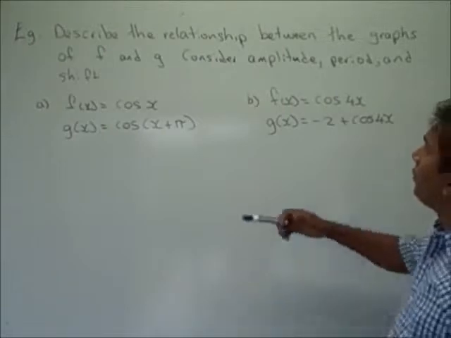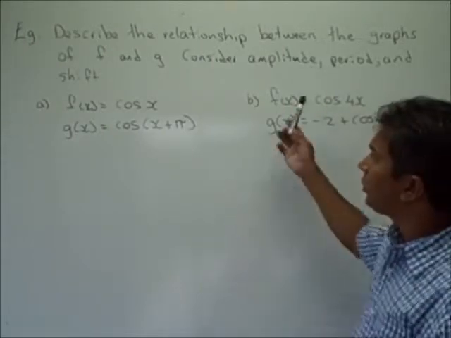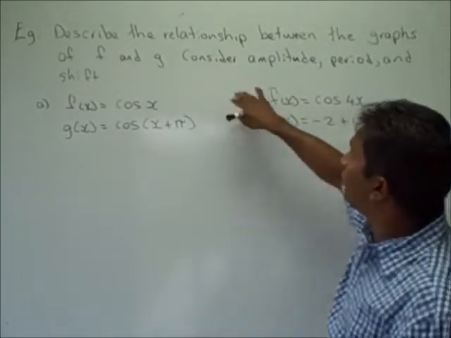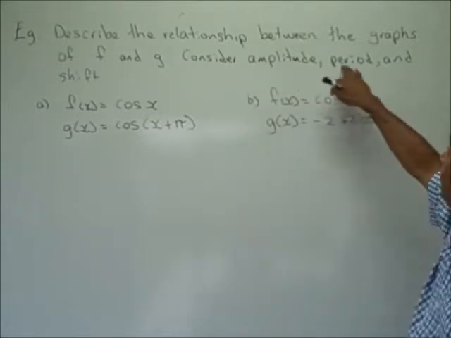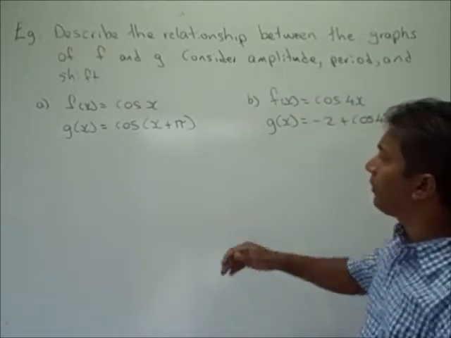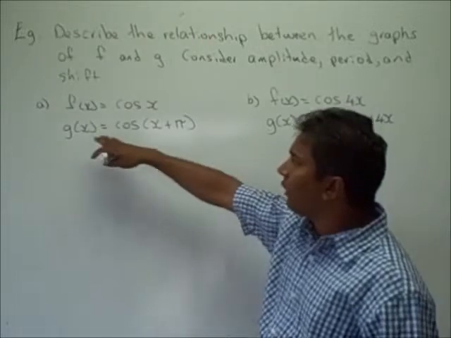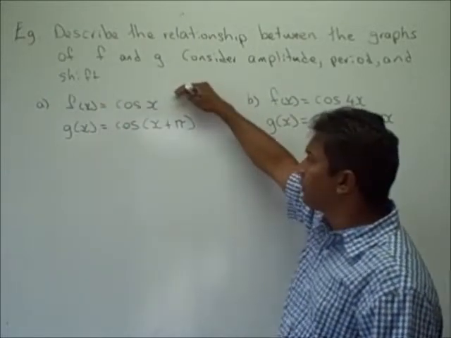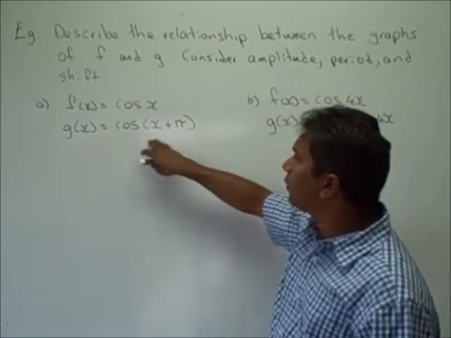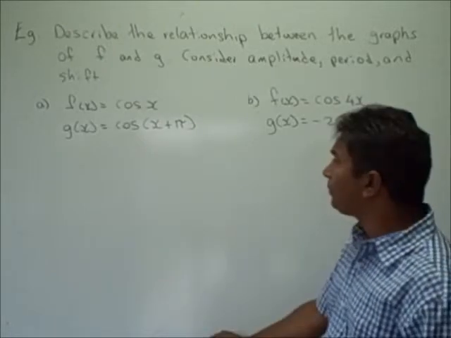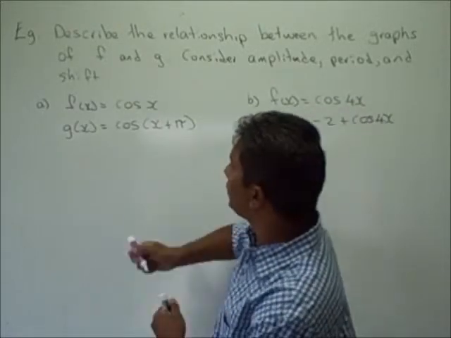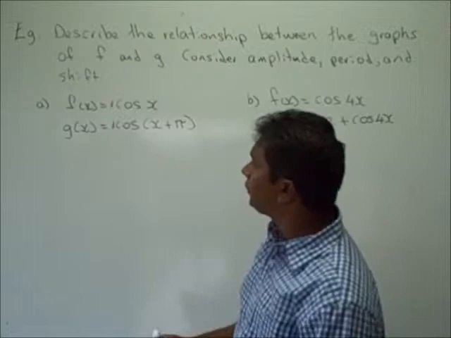Here we're going to describe the relationship between two graphs, the graphs of f and g, and we will be looking at the amplitude, the period, and the shift to compare them. First, we'll look at f of x is equal to cosine x, and g of x is equal to cosine of x plus pi. For both these functions, our amplitude is 1.